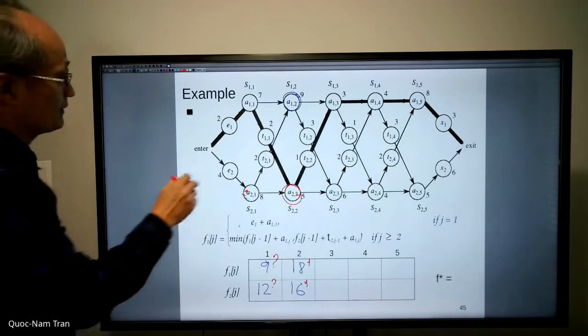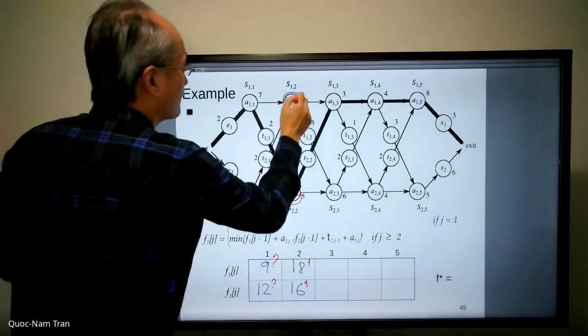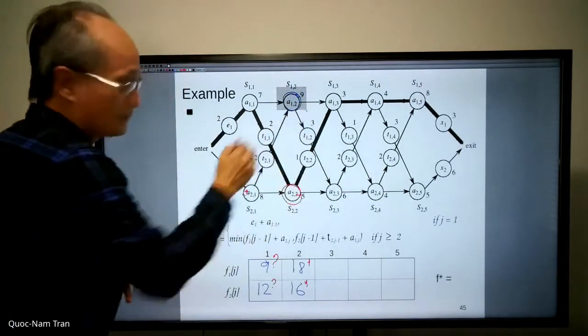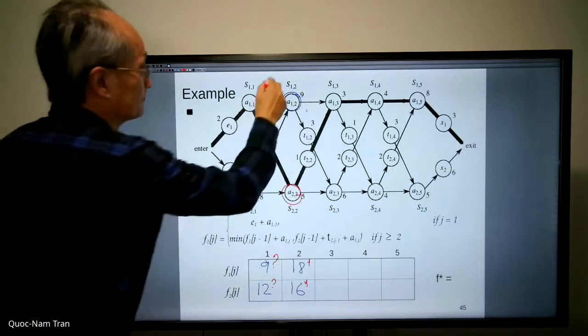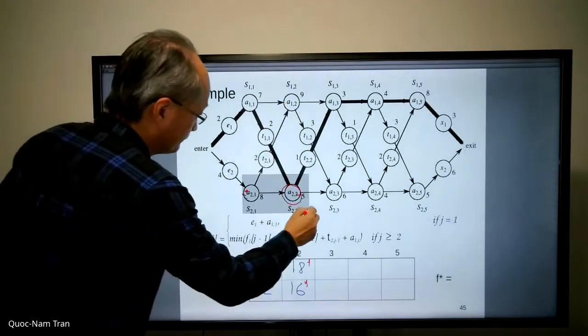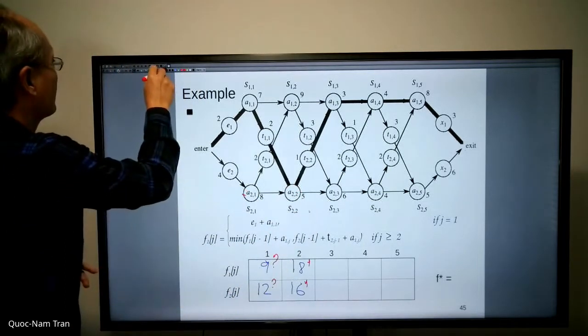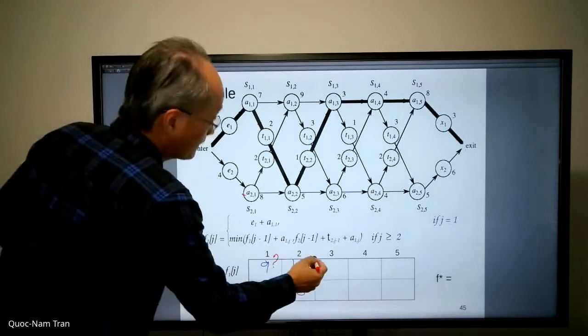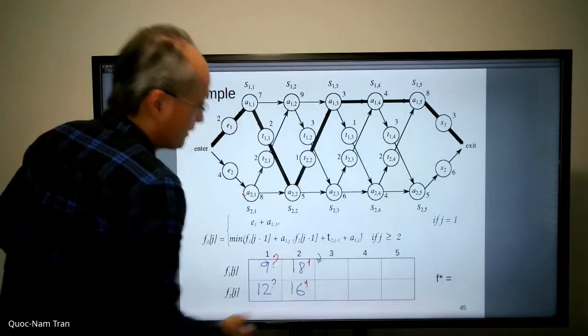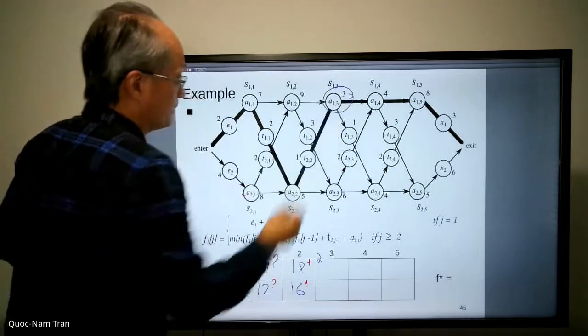All right, so now we will fill out this value. Okay, this one means that it's at this point, right?